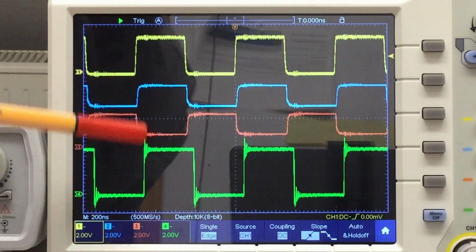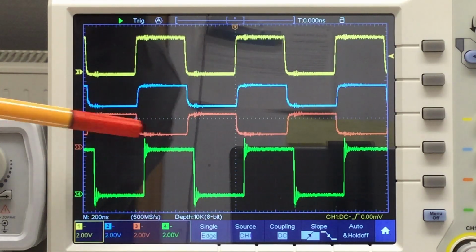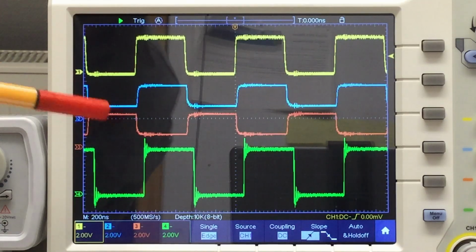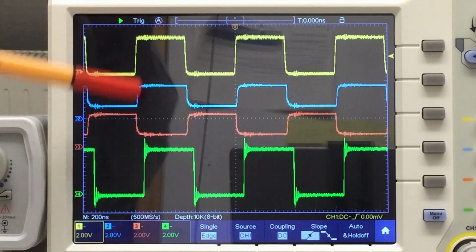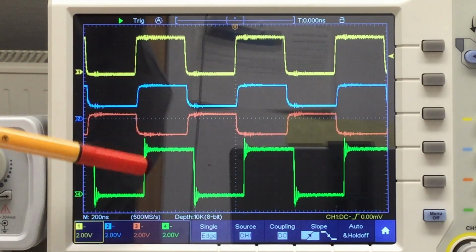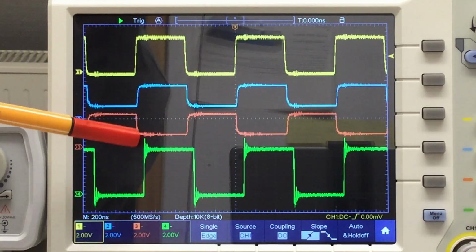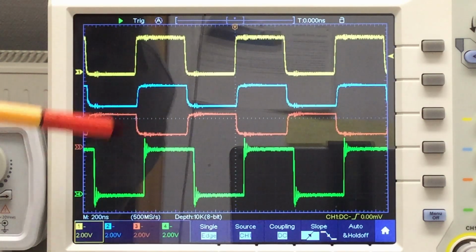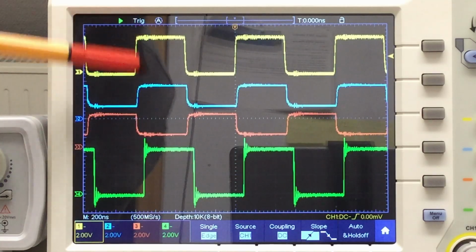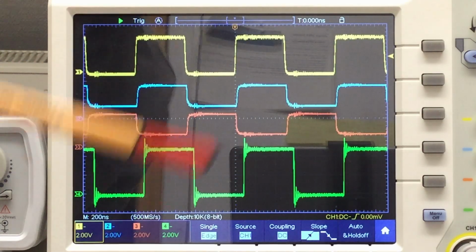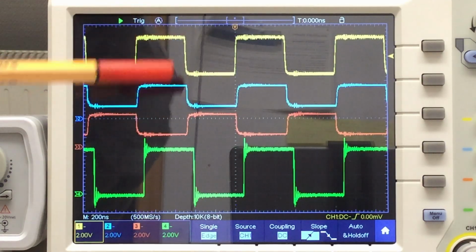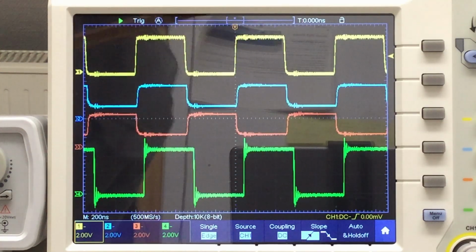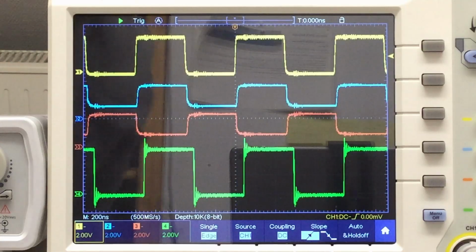The delay between the differential signal and our output signal is logically the sum of the delays on the transmission line and the delay in the receiver chip. And you can see that the second delay is significantly larger than the first delay, which makes sense because transmitting a signal over 10 meters of twisted pair takes some time.